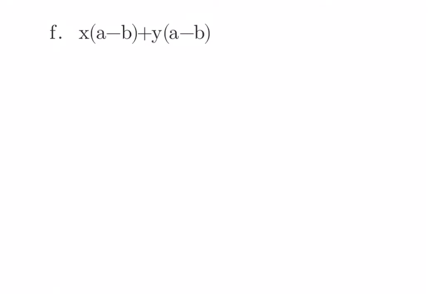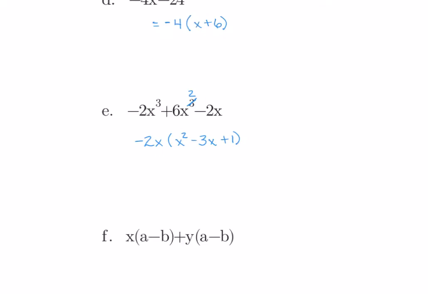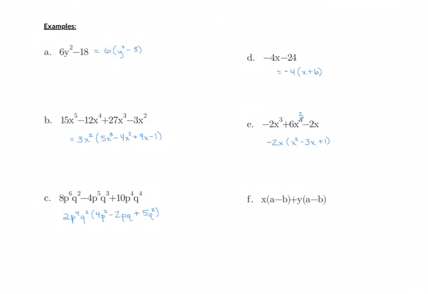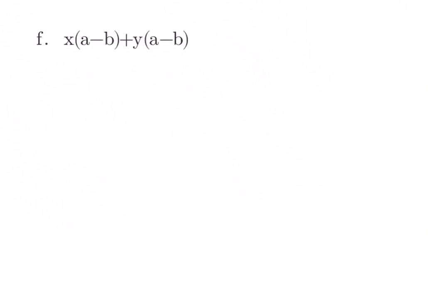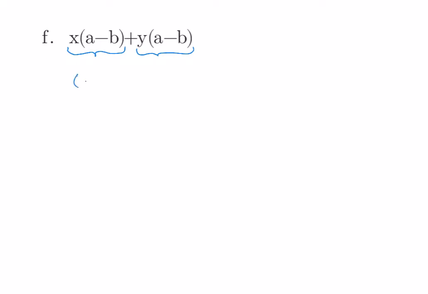So what we want to do here is pretend this is one thing and this is a second thing. What do they have in common? They have the a minus b. So I'm going to take my a minus b and I'm going to factor it out. I'm going to write it in front of a set of parentheses.